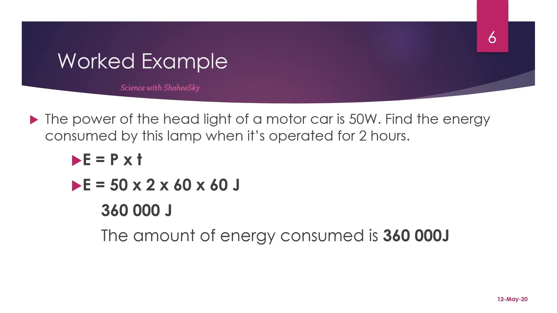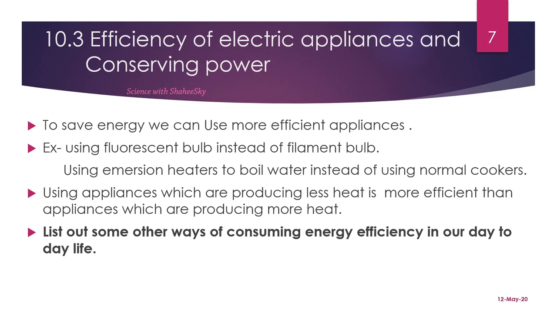Here you have to convert hours into seconds. So we write 2 into 60 into 60 seconds, because we know energy is measured in joules. So, here we go, the answer. The amount of energy consumed is 360,000 joules. Right. Now the next topic, efficiency of electric appliances and conserving power.